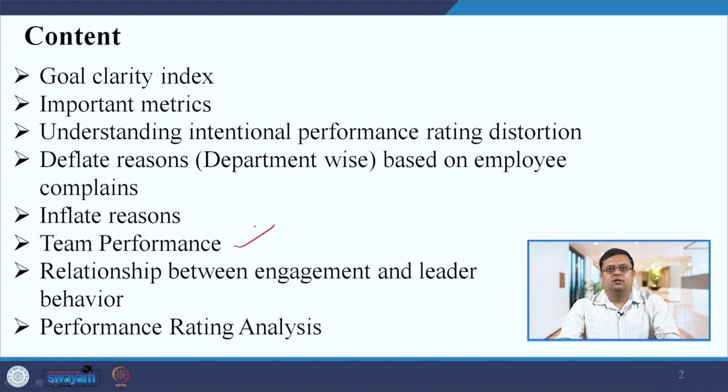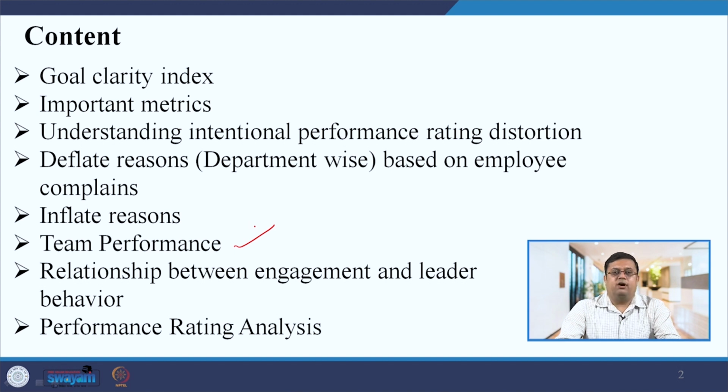If somebody asks you which department is the best department in this organization, you have this number: on the basis of the performance rating you can say this is the best department in terms of employee performance. The second parameter you can give is the percentage of goal achievement. In a previous session I hope you understood how to calculate the percentage of goal achievement.